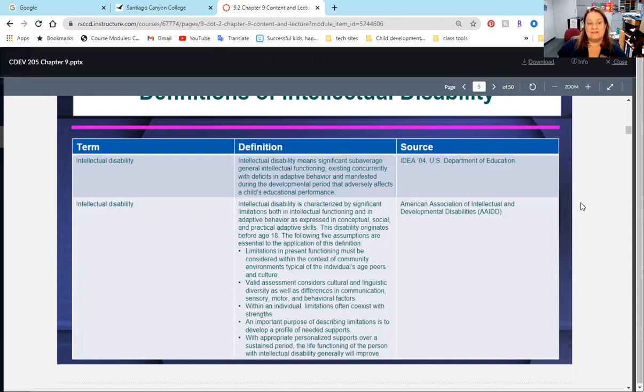But again, this brings us to where intellectual disabilities come from. Sometimes you can clearly put the dots together, and sometimes it's absolutely just mutations and a blip of genetics. So when we come to define things, we have the IDEA, U.S. Department of Education, and then the American Association on Intellectual and Developmental Disabilities.